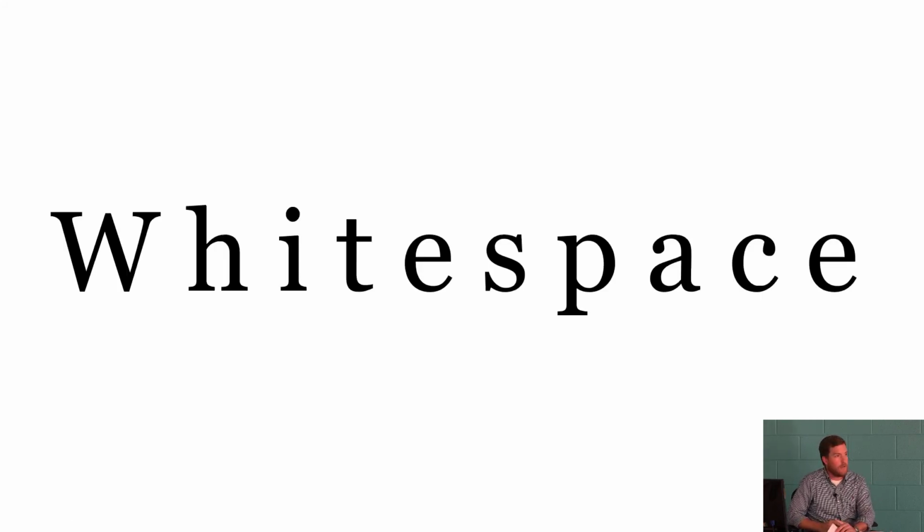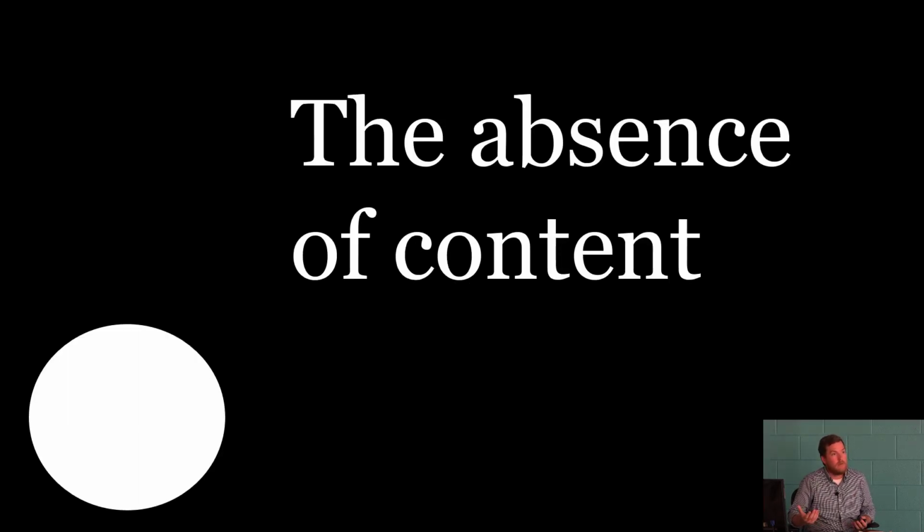But the negative space, or the white space, is also a very important, often overlooked, often underused design element. And white space is not necessarily just space that is white, right? So it's the same thing here. It's just reversed. So instead of thinking of white space as space that is white, just think of it as the absence of content, right?